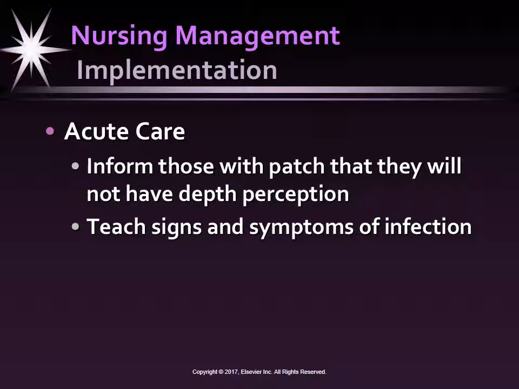Also, instruct the patient to notify the surgeon of increased or purulent drainage, increased redness, or any decrease in visual acuity. A nursing care plan for a patient for eye surgery is available on the website for this chapter.